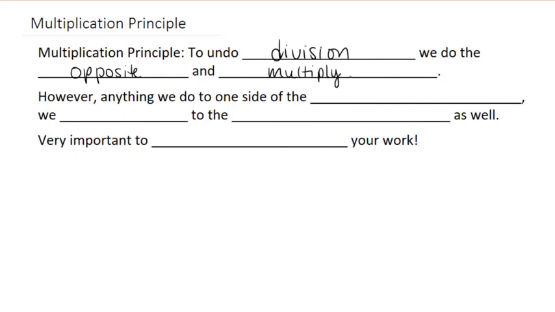However, anything we do to one side of the equal sign, we must do to the other side as well. And as always, it's very important to show all your work. So let's go ahead and look at an example.